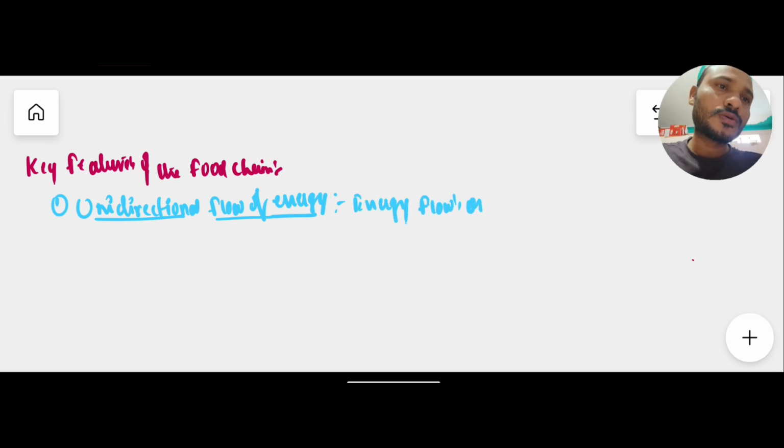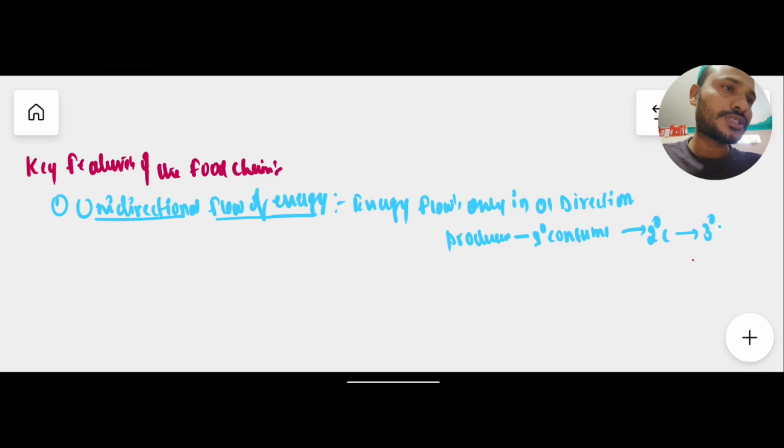Energy flows only in one direction, that is from producers to primary consumers to secondary consumers to tertiary consumers. Only in one direction the energy will flow, but never flow back. Remember, very important.